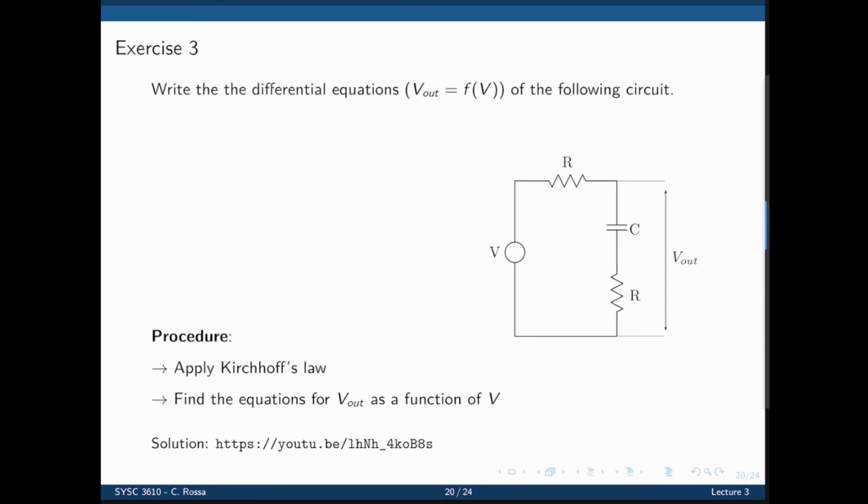So the first equation you can write is an equation between V and the current. Once we have established that, we can create a second equation that relates V out and the current. So I'll let you get started with the first one, just relate V and the current through the circuit. And once I'm done erasing here, we'll solve it together.